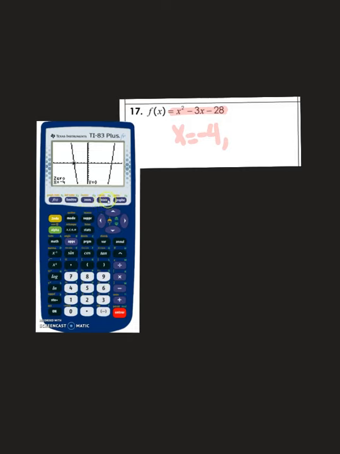So let's find the other 0, second trace, move my cursor to the other side, keep going. We gotta keep moving. There it is. So we're gonna go to the left, which in this case is down.